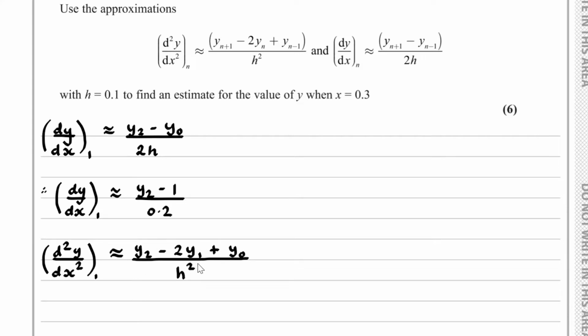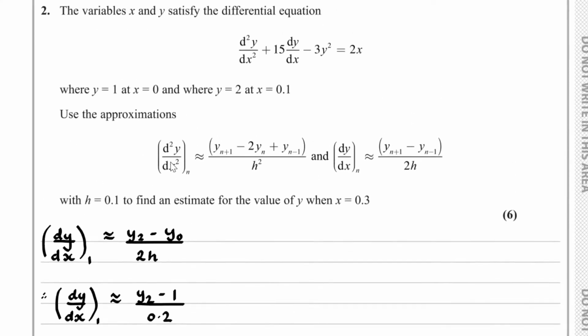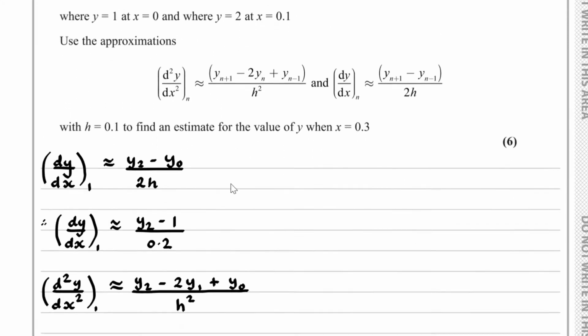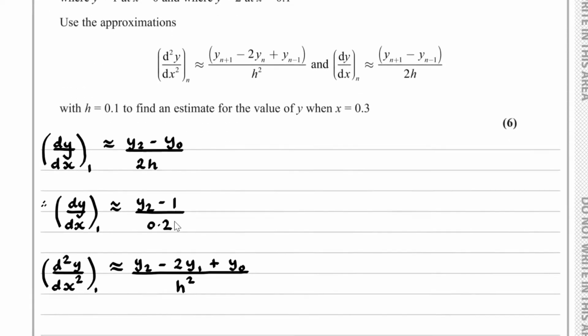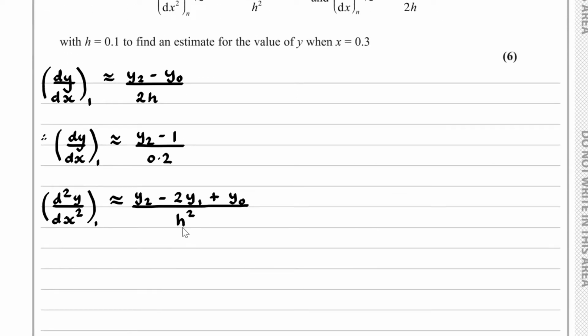We know what y1 is. That's equal to 2. We know what y0 is. That's equal to 1. We know what h is. That's 0.1.